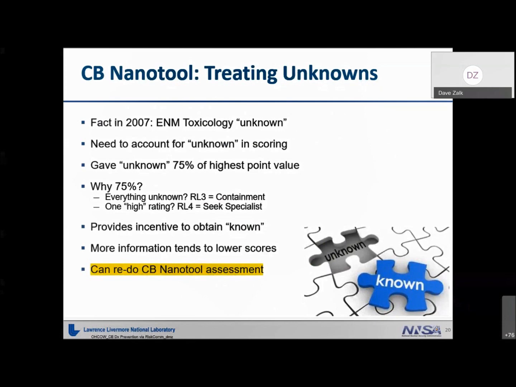And if any one category comes up high, it becomes a risk level 4. So it was an incentive to obtain the information. So you can do the assessment with unknowns, and if you find information, you can typically lower the score and therefore have a lower risk level outcome. And the whole process was designed to be able to go back and redo your nanotool assessment based on that information.